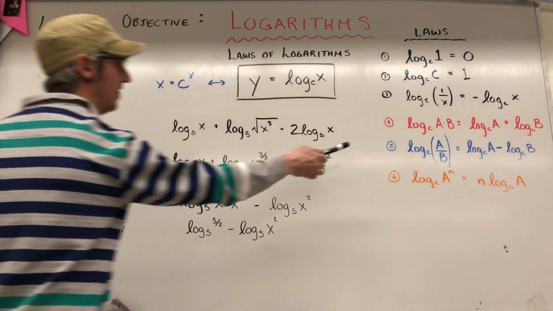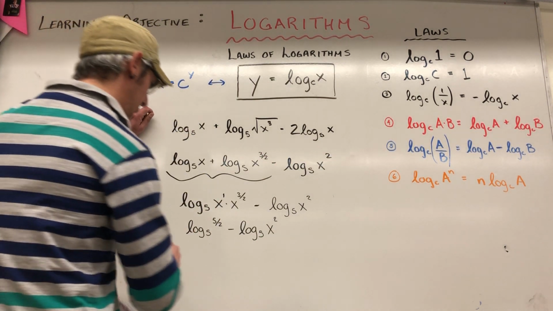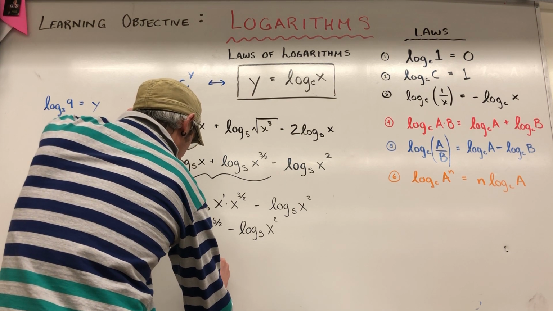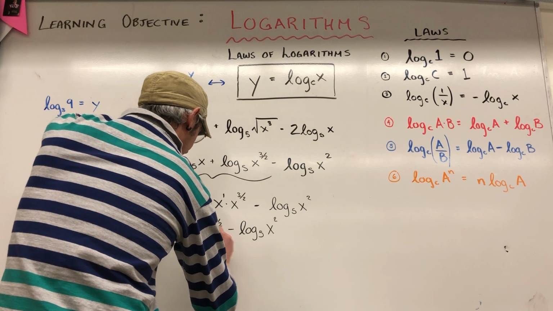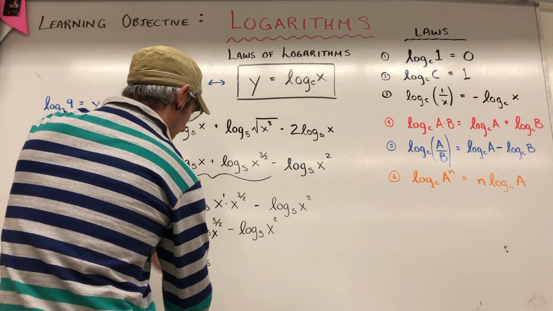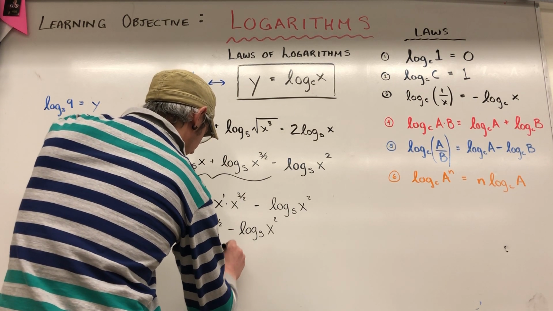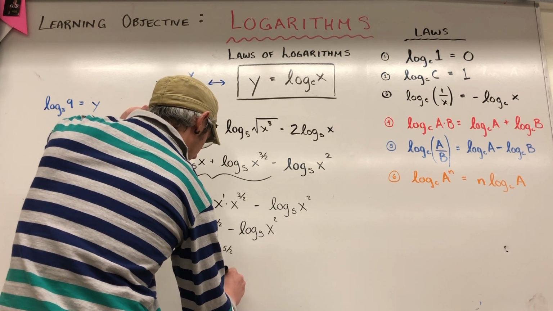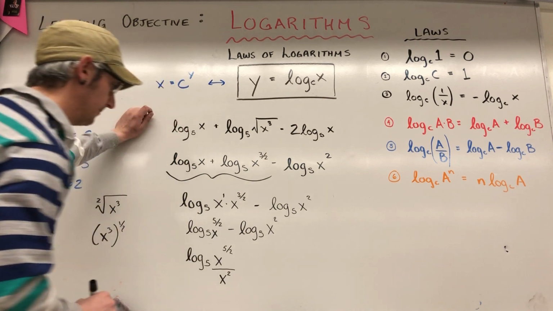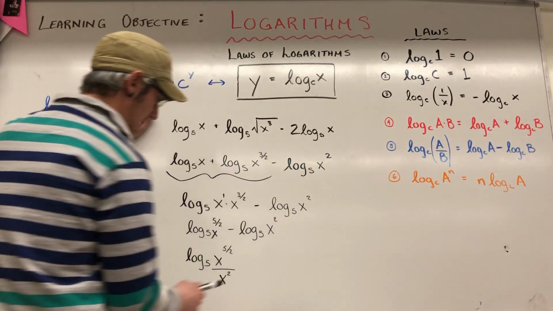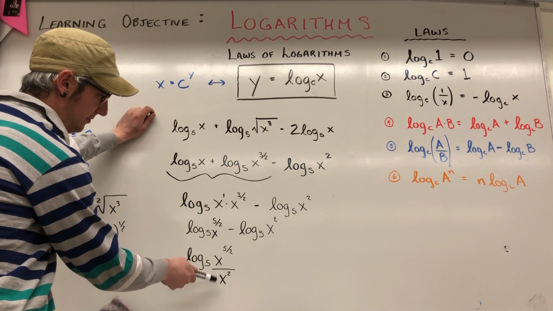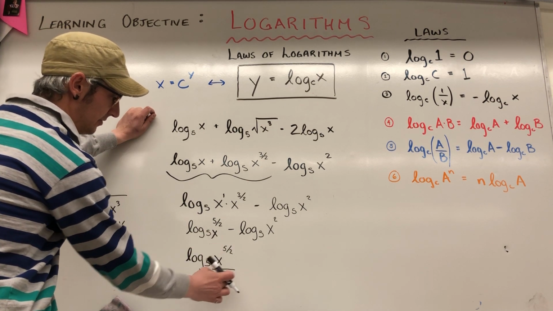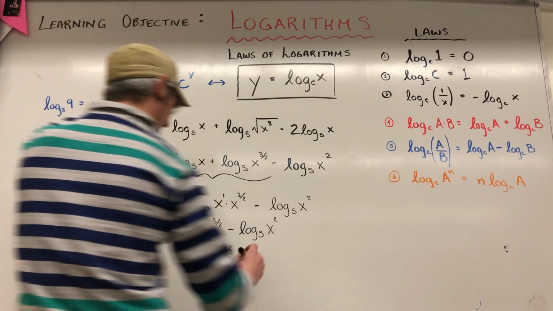Now I can use this rule, and I get log base 5 of x to the 5/2 divided by x squared. And I know that when I am dividing the same variable with different exponents, I can just subtract the bottom exponent from the top exponent.